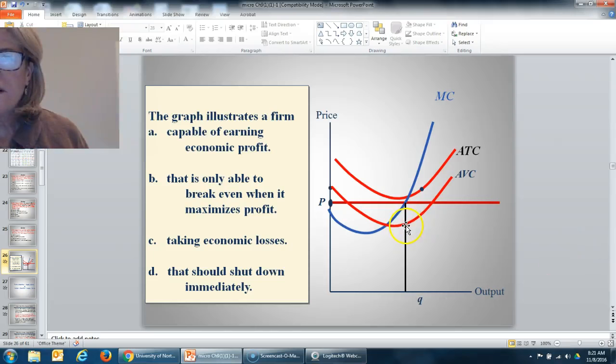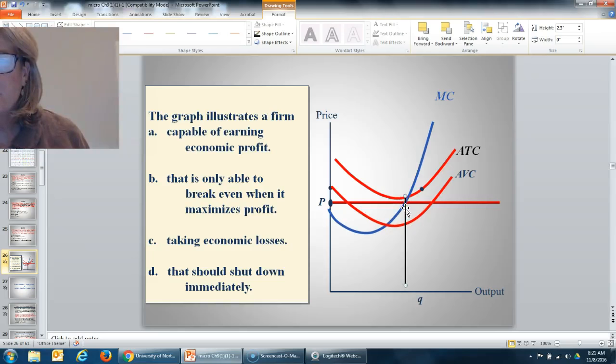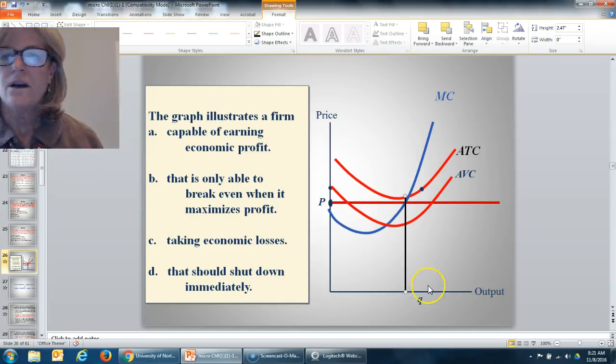There's my Q star. At that Q star, here's the price per unit. Here's your variable cost per unit. And here is your average total cost per unit, straight up there where it cuts. So at Q star, should they go out of business? No, they shouldn't go out of business.